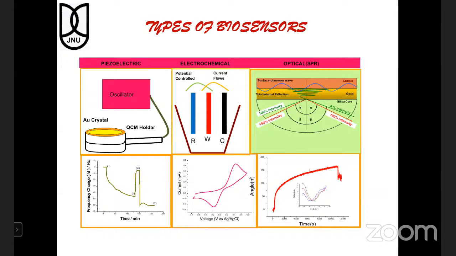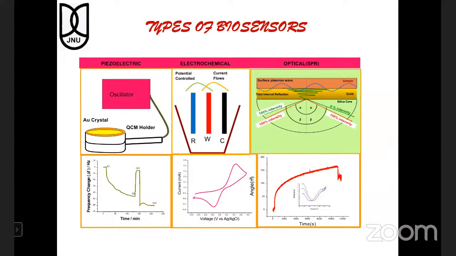In the case of electrochemical, a three-electrode system is mostly used, consisting of the working electrode, counter electrode, and the reference electrode. These electrodes are put into the electrolyte solution, and we can observe the change in current value, and control the potential during analysis.